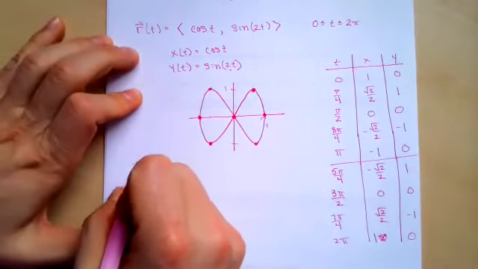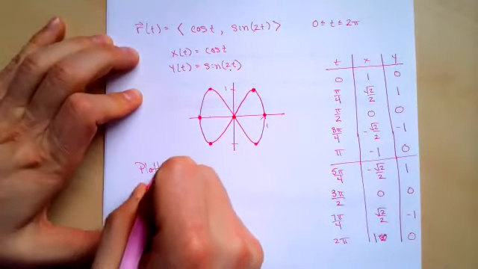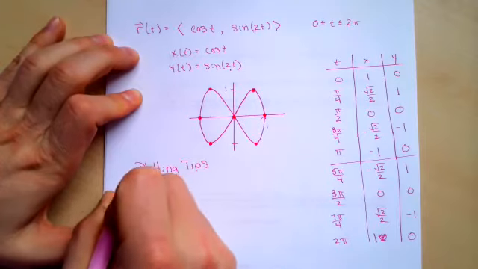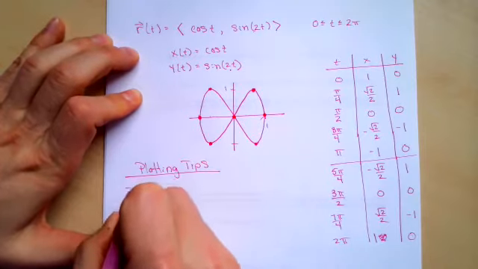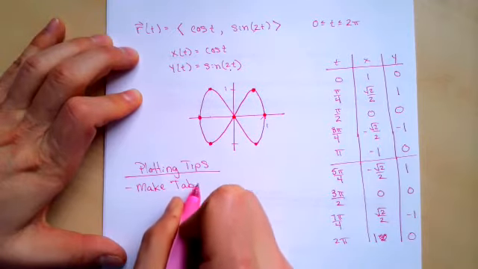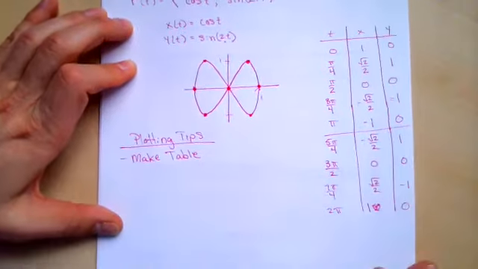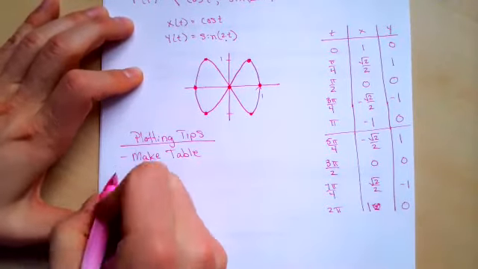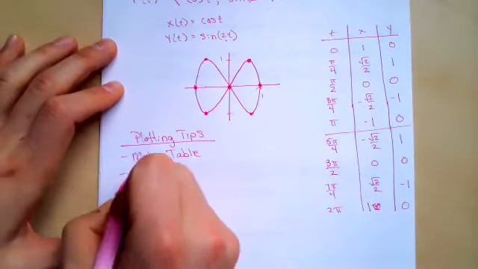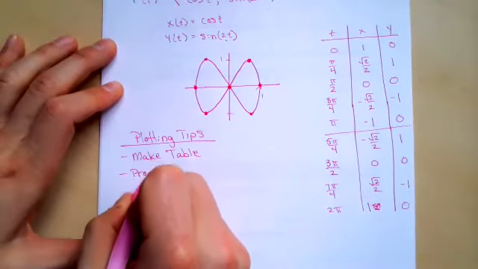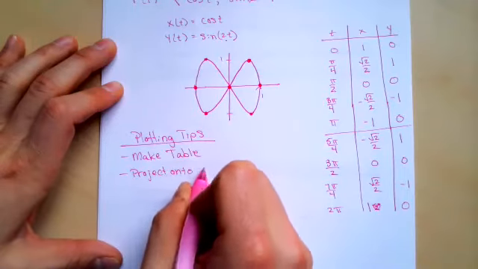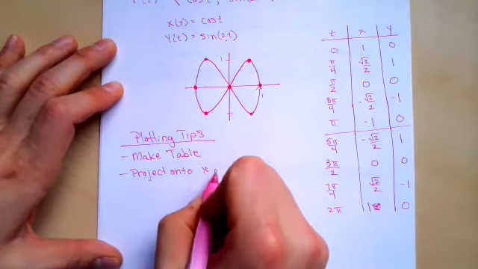Let's write some of these tips down. So plotting tips. Make a table is one strategy. Other things you can look for is project onto the x or y axis.